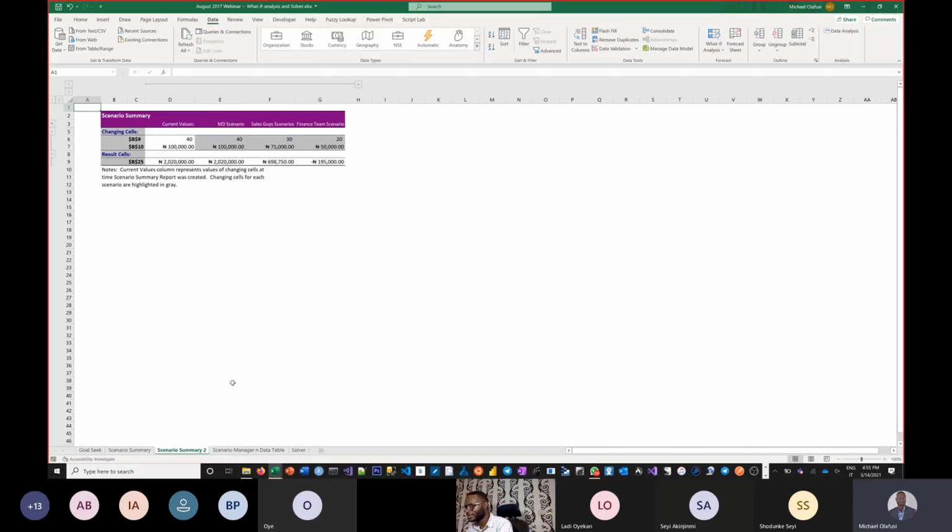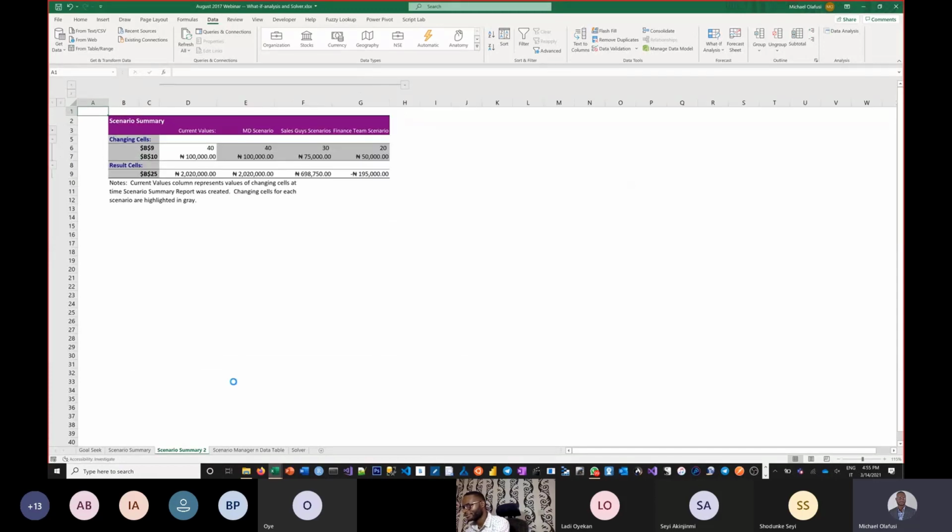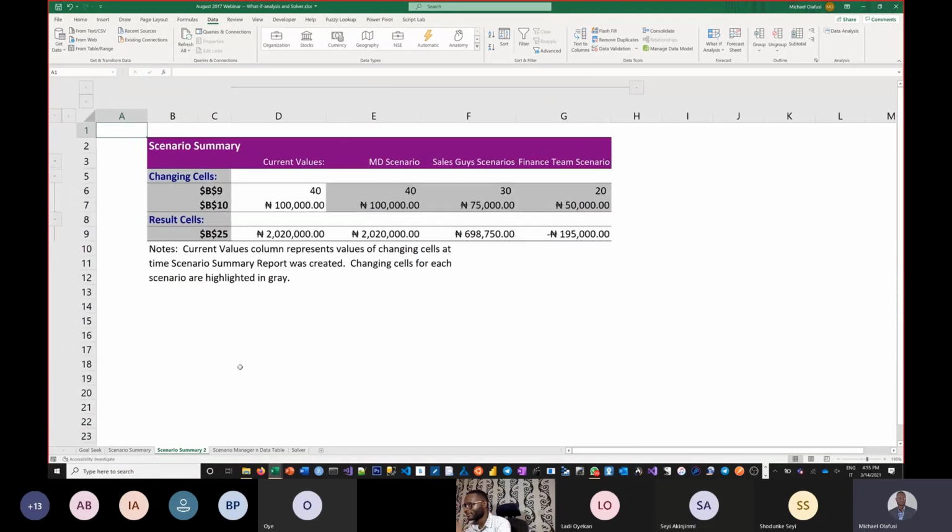And instantly it has created a new sheet, an entirely new sheet. And in this new sheet, it has done for us what we have asked. So it has created MD scenario, sales guy scenarios, and the finance team scenario. And what you are looking at here is the participants.